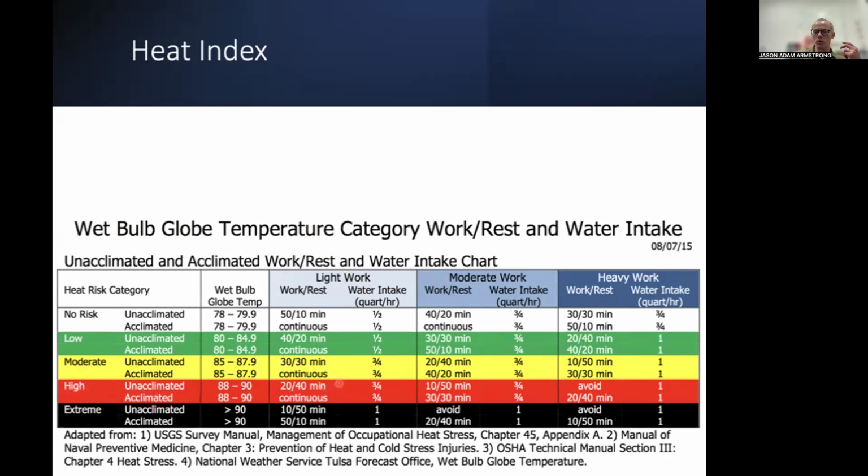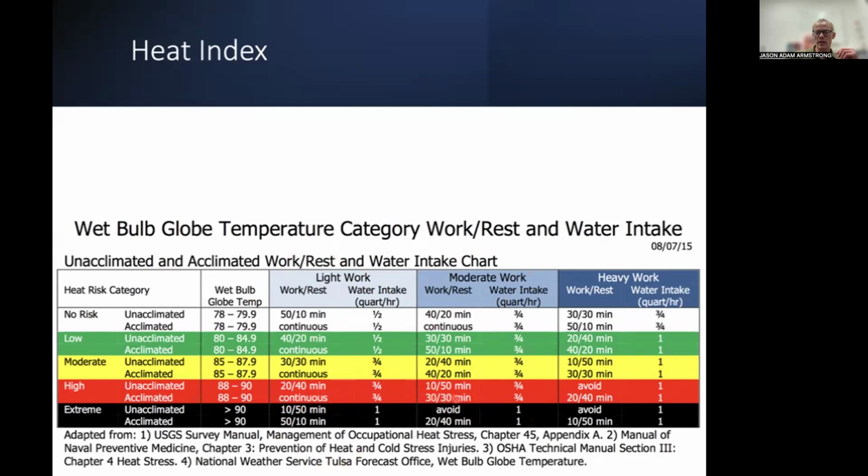So what then would we recommend? This is your work to rest ratio and then your water intake. Work to rest ratio for unacclimated individuals, we would want 20 minutes of work to 40 minutes of rest. In individuals who have gone through acclimatization, we could have some pretty continuous work here with fluid ingestion for a light intensity. For moderate intensity, that changes.